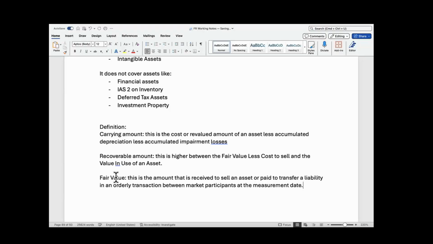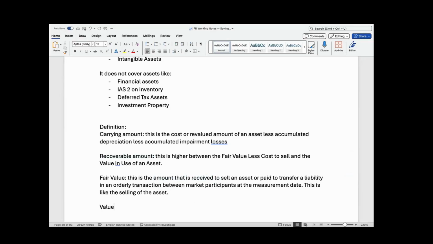So majorly this is like the selling price of the asset. So if the fair value is higher, then recoverable amount is how much you can get from selling the asset, right? The amount received to sell.